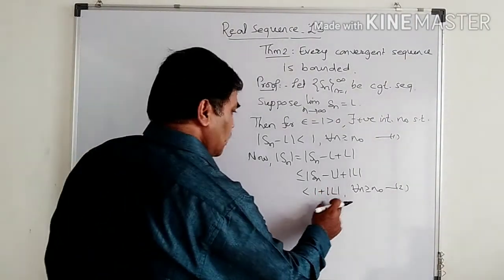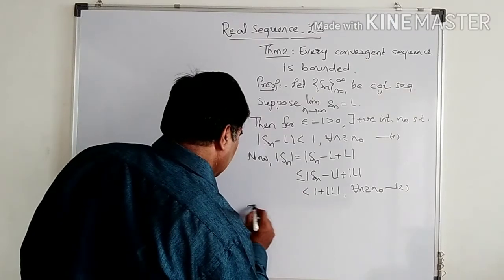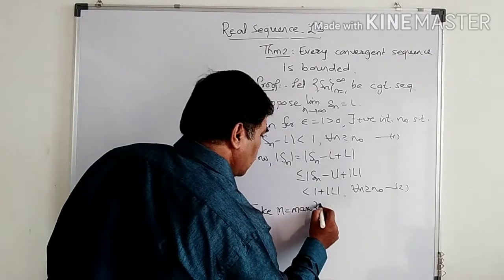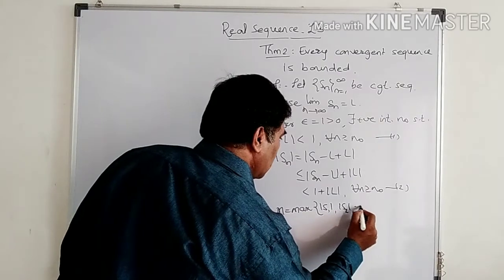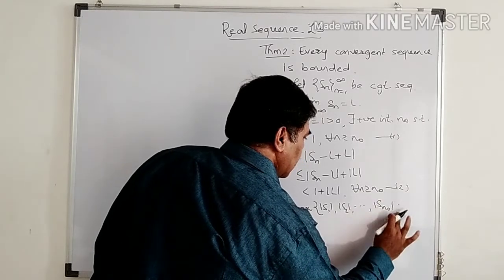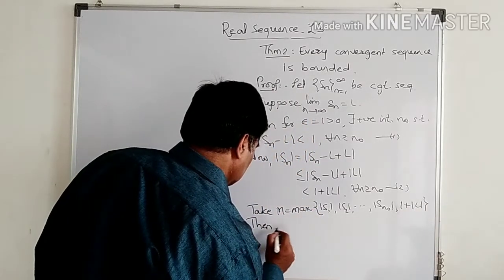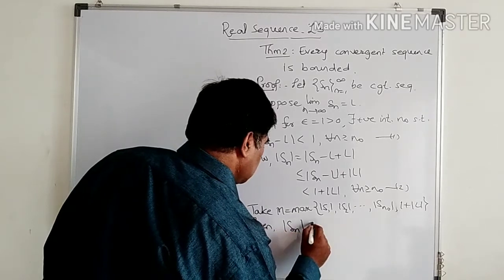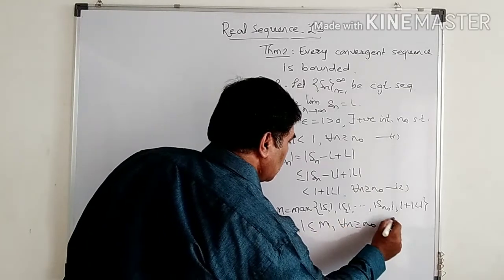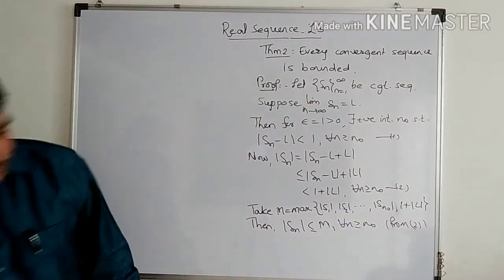So take m equal to the maximum of mod S1, mod S2, and so on up to mod of S n naught minus 1, or if you take S n naught also, and 1 plus mod L. Then mod of Sn must be less equal m for every n.